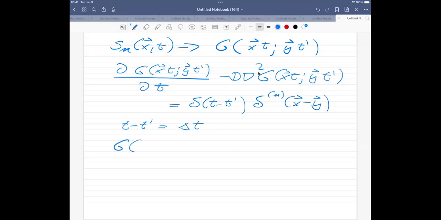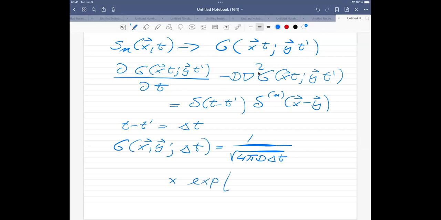This function g, as a solution to that differential equation, as a function of a time step delta t, is actually given by, again, a Gaussian, 4 pi D delta t, multiplied with e to the minus (x minus y) squared divided by 4D delta t.